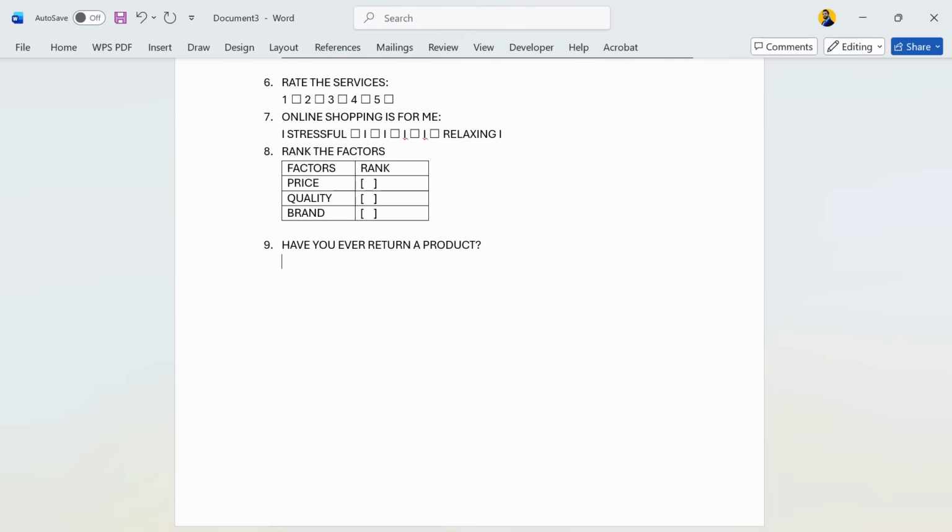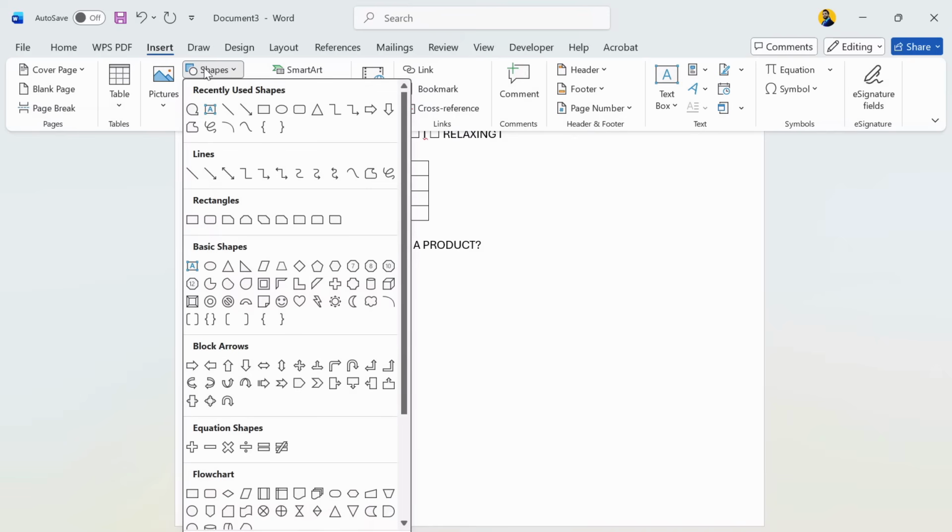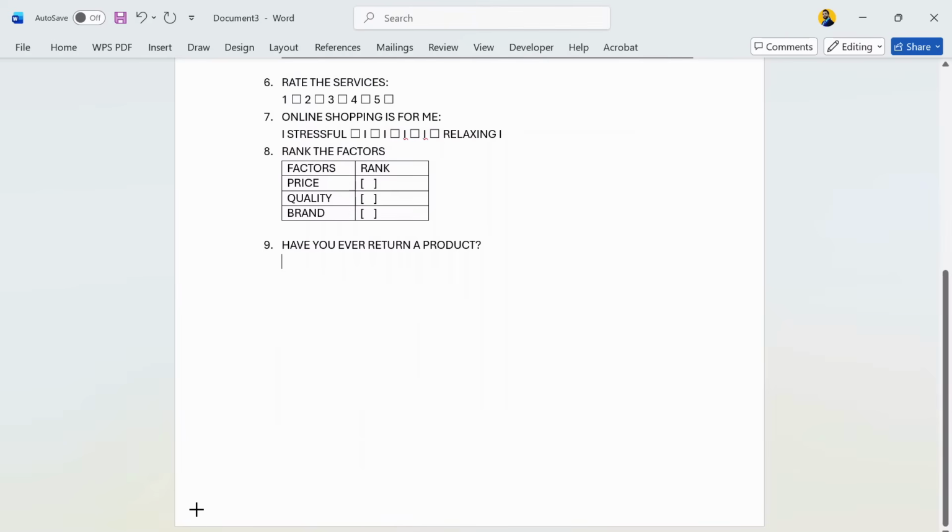For this, we can again use a radio button kind of question, which we have used: in insert shape, go to the circle shape. Here we have used one. We will do the same, copy and now paste. We will align.